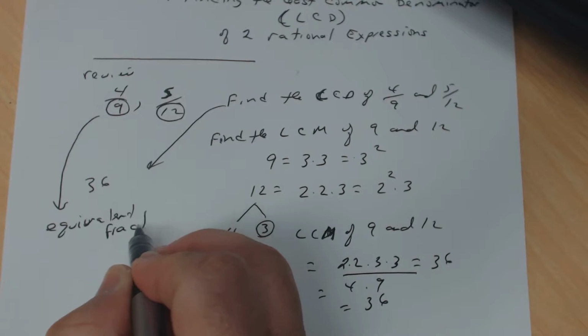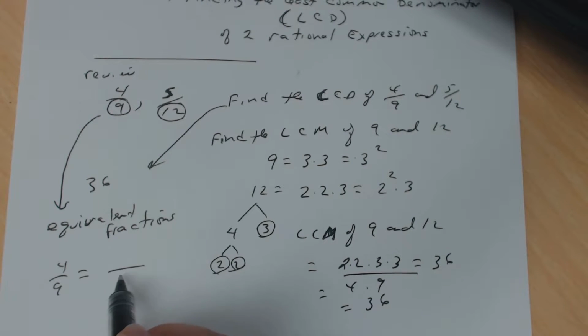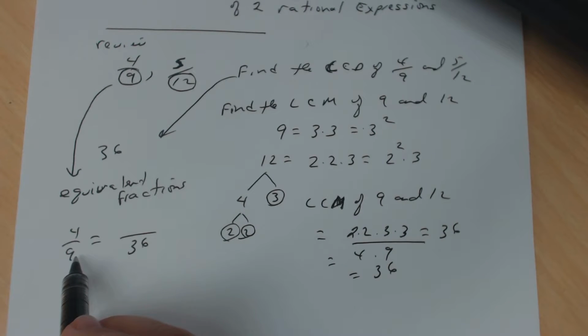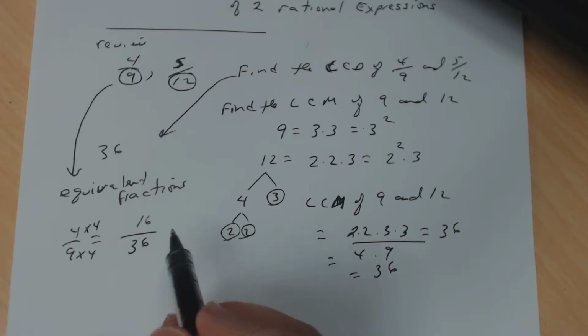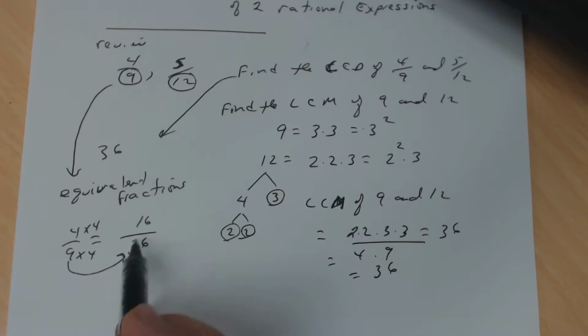So if you recall, you said 4/9 was equivalent to what number over 36? And so what you did was you said 9 times what is 36? Well, 9 times 4 is 36, and what I do to the denominator, I need to do to the numerator. So 4 times 4 is 16. So 4/9 is equivalent to 16/36.